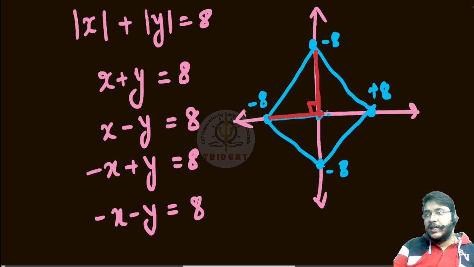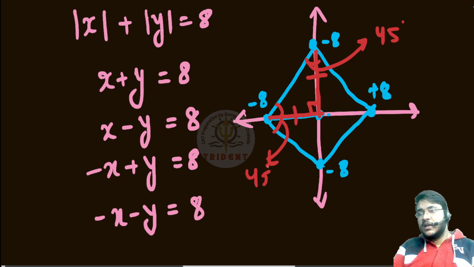This is a 90 degree, of course, and I also know that these are equal, so I can predict that these two angles are 45 degrees. And if this is 45, the other angle also will be 45 degrees, right? So in fact this is a 90 degree.